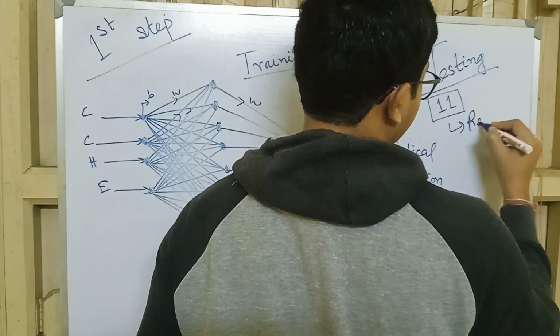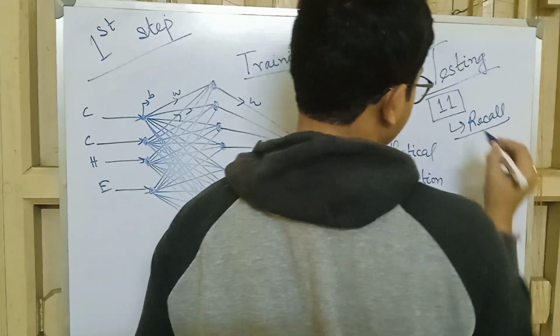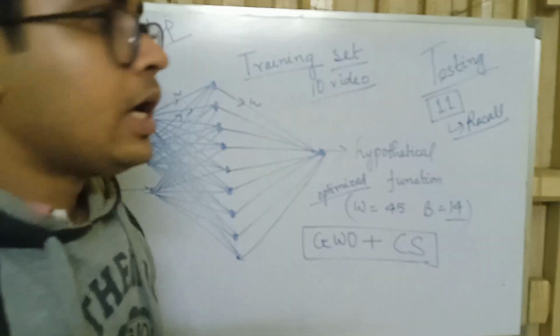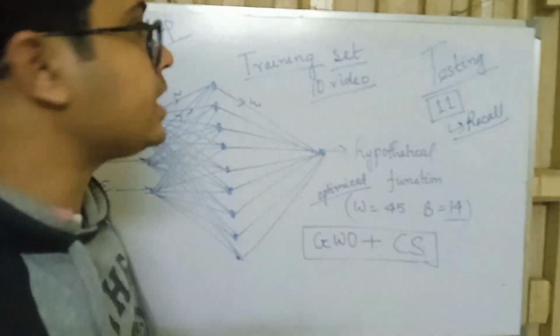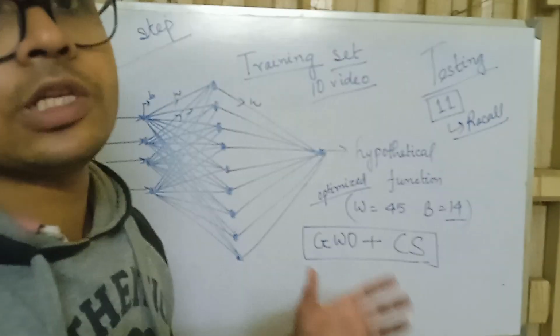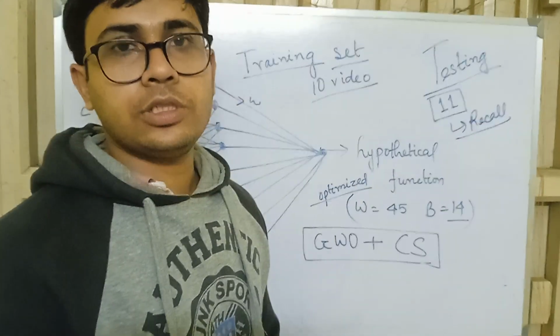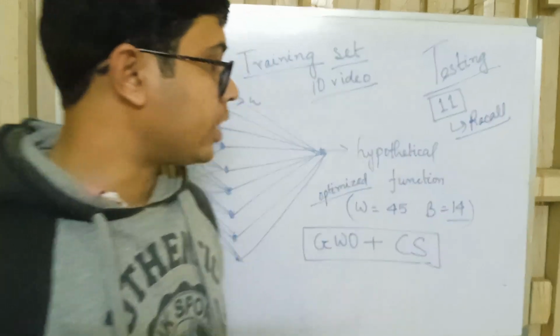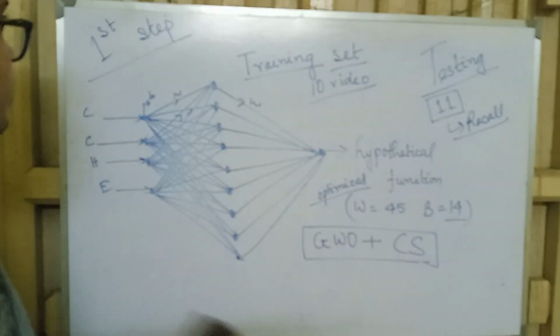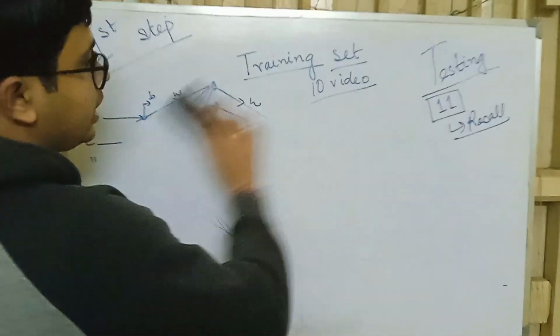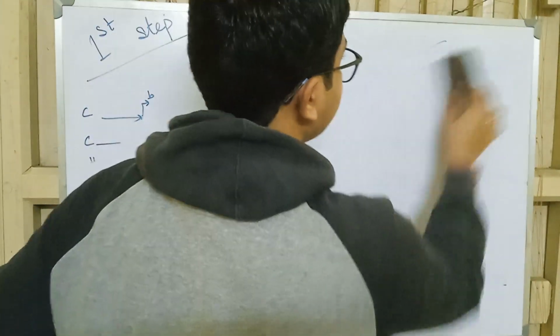For the first step, recall is important; we are seeing whether recall is good or bad. After the first step, in the second step, precision is important: how precisely we can detect the transition. I think the first step is over.